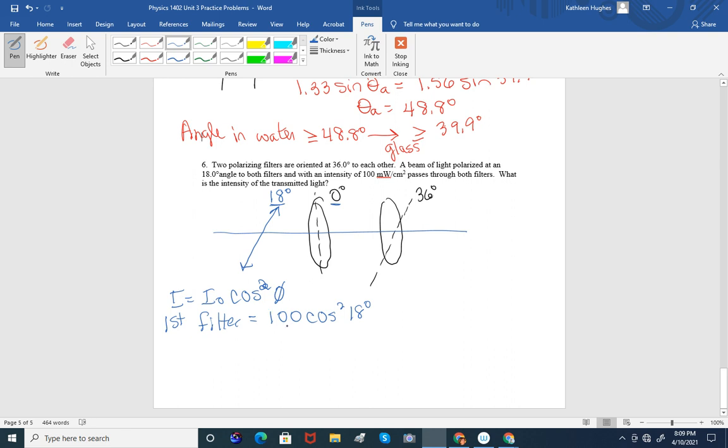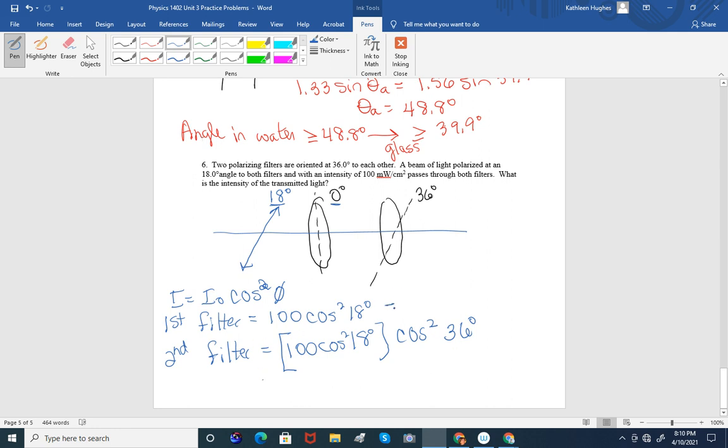This is going to be our input for the second filter. So this is like the new input, 100 cosine squared 18 degrees, cosine squared. Okay, from here to here, light passing through this 0 degree filter will come out at 0 degrees to this 36. This is an angle of 36 degrees. And that's going to be our answer.